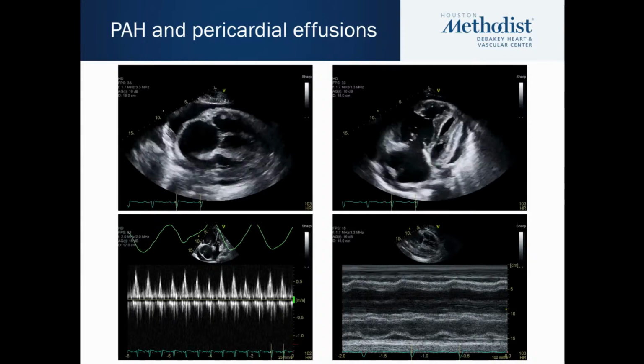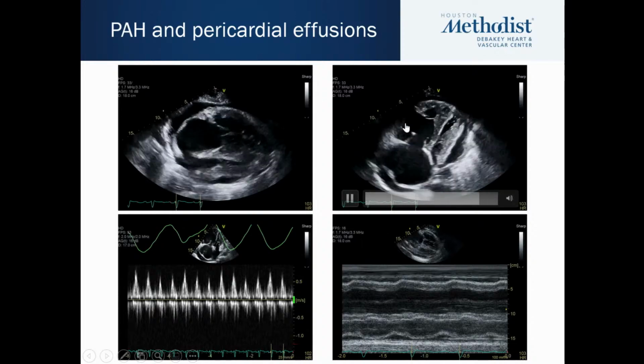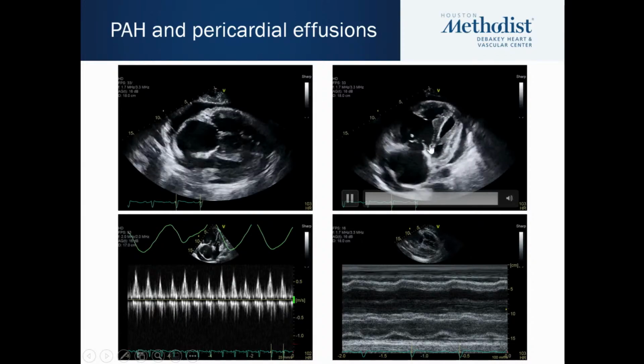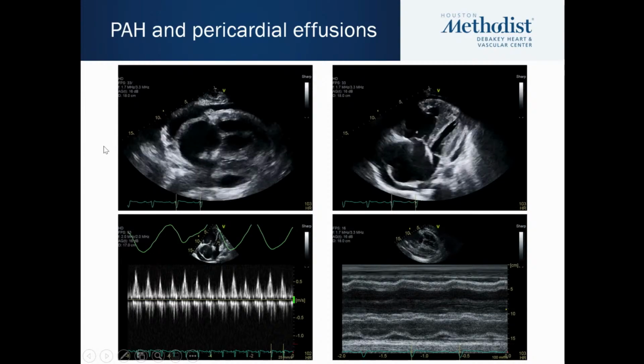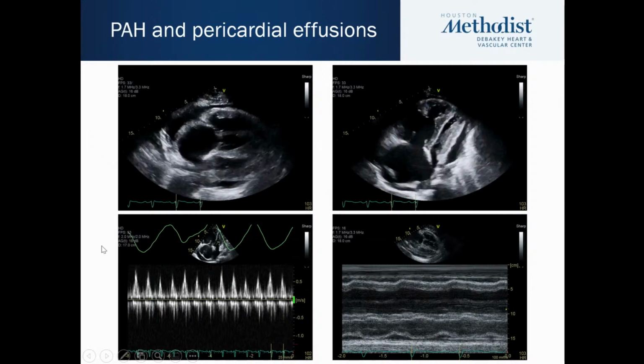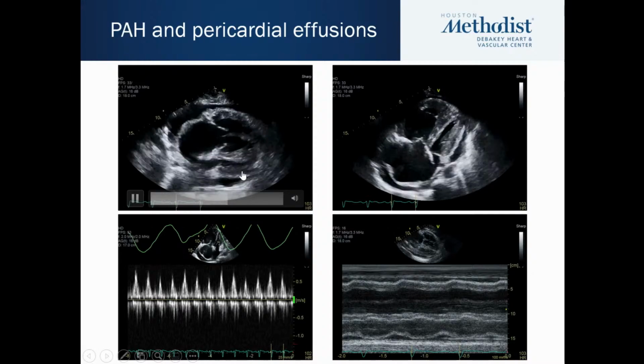So someone with pulmonary arterial hypertension, RV failure, huge RV, non-compliant, RV hypertrophy, severe right atrial dilation, and he develops an effusion, as is the case for many end-stage PAH patients. Notice in this case that it's actually the LV and the LA that start suffering.